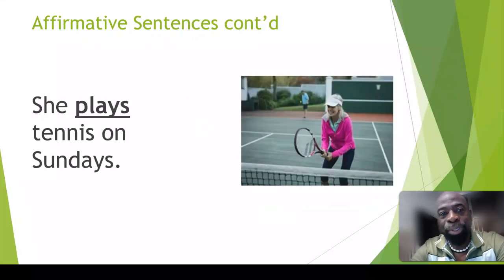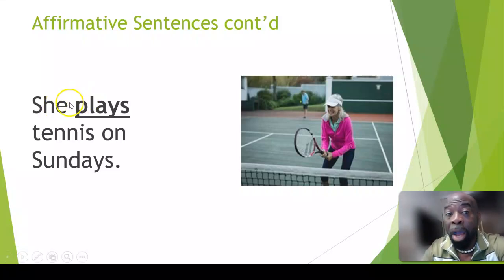Another example: she plays tennis on Sunday. Now notice that the base verb play now has an s added because the subject, and we will talk about it later on, is now singular third person.